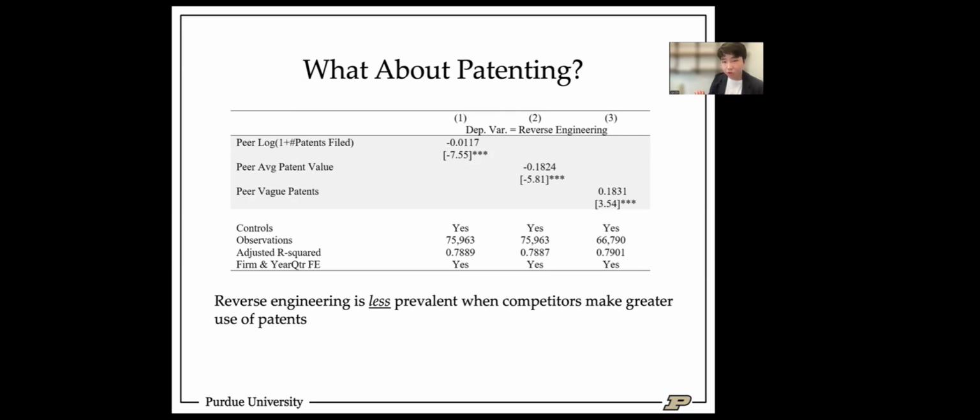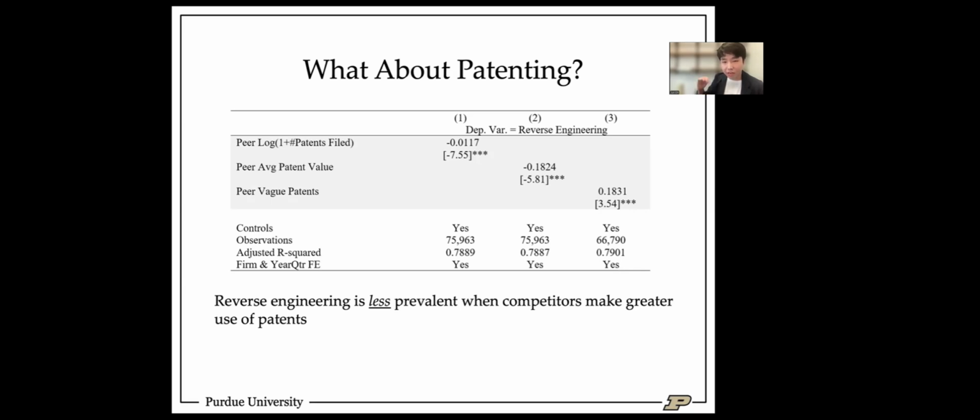So we should be expecting a negative correlation when we measure the amount of competitors' patents with reverse engineering. And that's exactly what we find here, where reverse engineering is much less prevalent when these competitors make greater use of patents. And that third column right there is an interesting one because we're going to be measuring how vague patent disclosure looks.